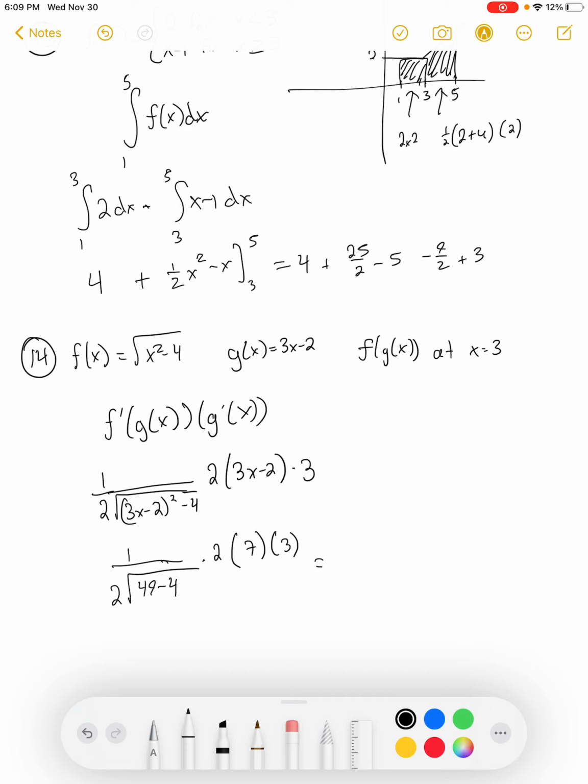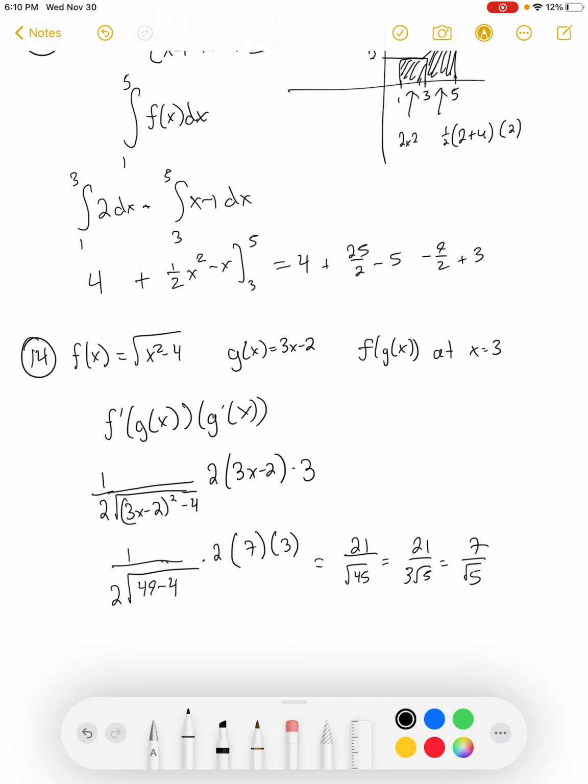This is 21 over root 45, which is 3 root 5. So 21 over 3 root 5 is going to be 7 over root 5, and I hope that's an answer. Yes, it is.